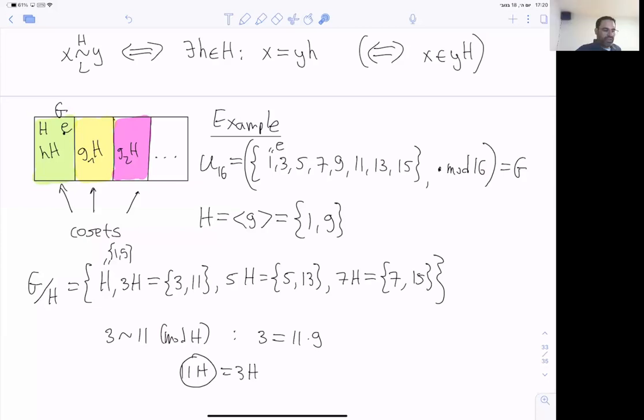So we are going to see that this relation, which is defined by this, is an equivalence relation, and we're going to deduce from this that all elements of G are partitioned into equivalence classes. So just to be clear, you mean that you can distribute all elements of G into equivalence classes, right? Yes, exactly.